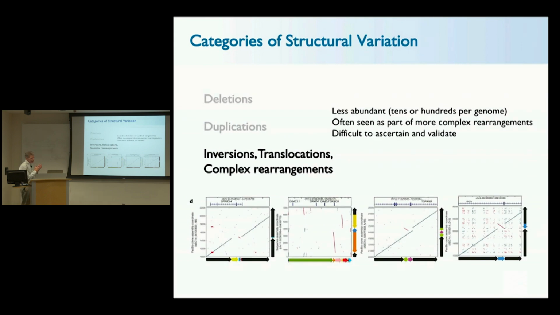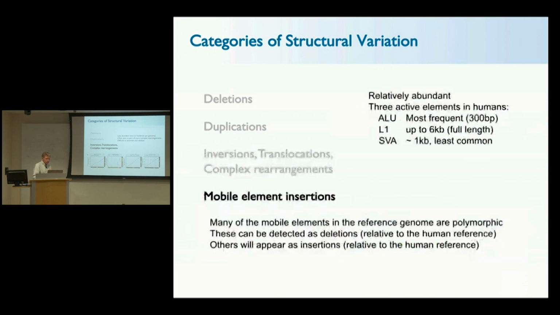There are also, as I mentioned, these more complex inversions and translocations. There are many fewer of these compared to deletions and duplications, but they do happen. There are the mobile elements that I talked about. There's an intermediate number of these.